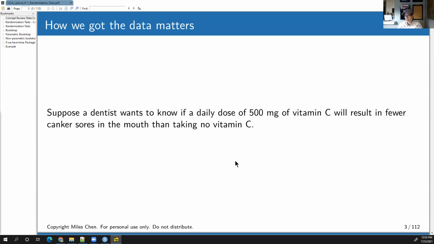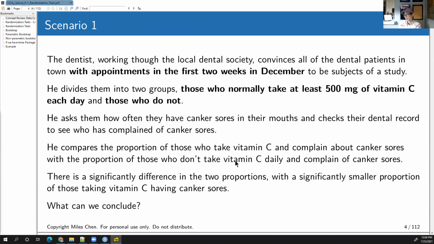Okay, so let's say we have a dentist and they want to know if vitamin C will result in fewer canker sores than no vitamin C. Say a 500 milligram vitamin C supplement, or maybe drinking orange juice where you get a bunch of vitamin C. In scenario 1, the dentist convinces all of the dental patients in town with appointments during the first 2 weeks in December to be subjects of a study.